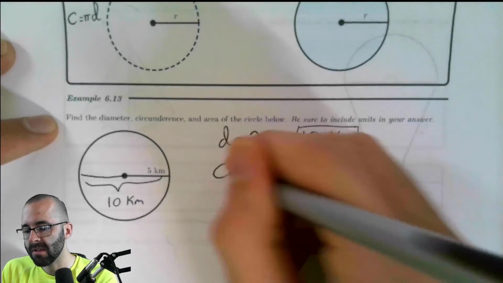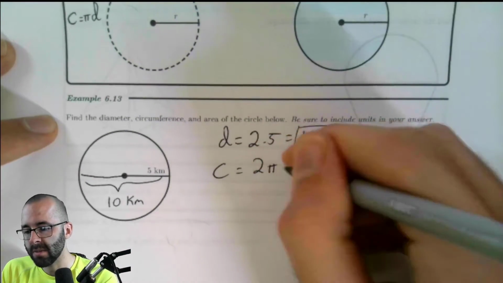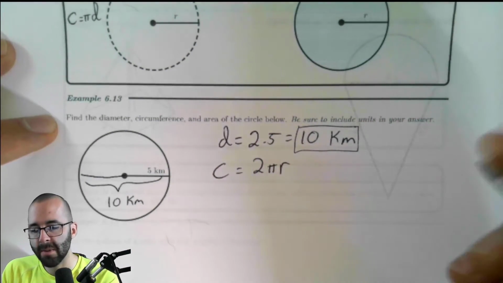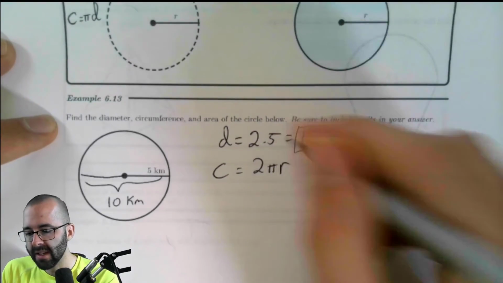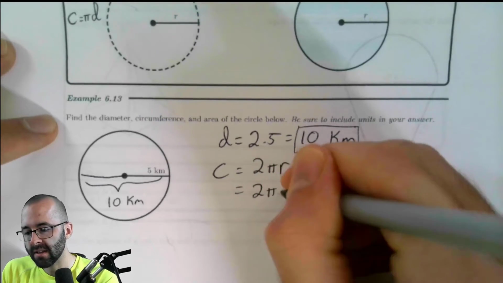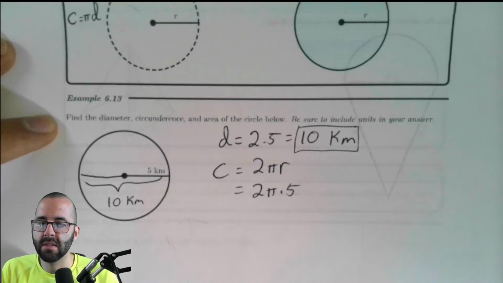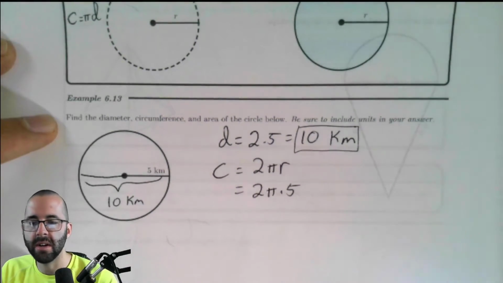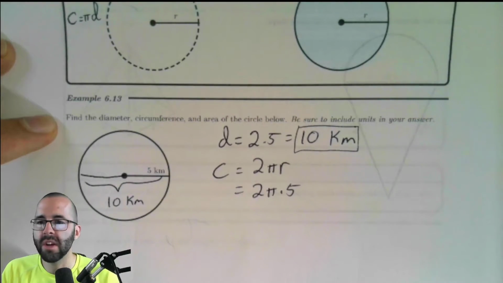And we need the circumference. Well, now we can use either formula. 2 pi times the radius or pi times the diameter. So let's just plug in the radius of 5 kilometers. 2 times pi times 5. And now at this point, remember, you're going to have to use your calculator. You can use your own calculator if you want, or you can use Desmos.